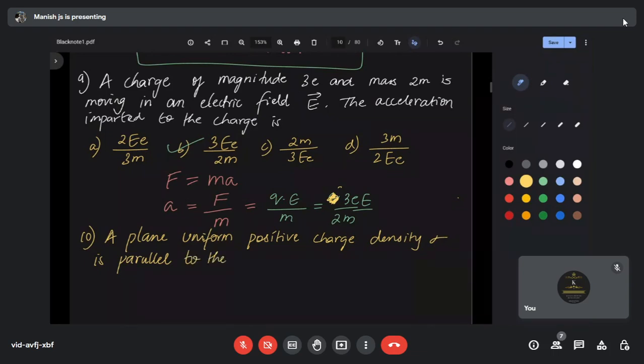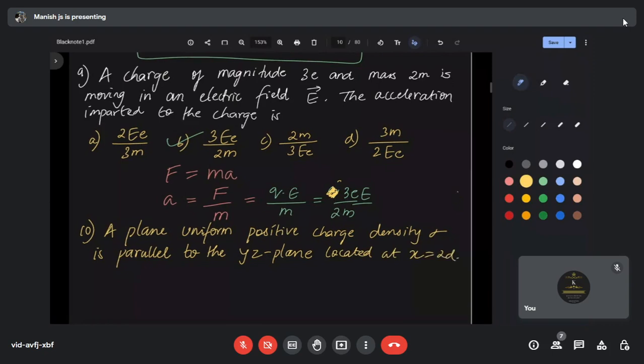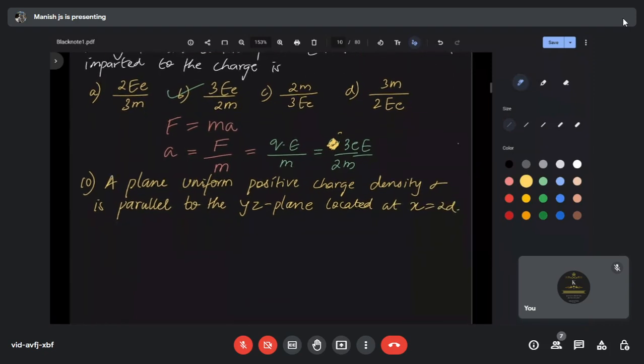To the YZ plane, located at x is equal to 2d. So I'm drawing the figure.